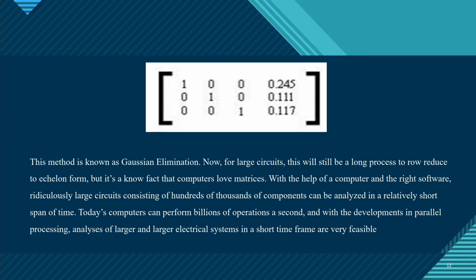Today's computers can perform billions of operations a second, and with the development of parallel processing, analysis of larger and larger electrical systems in a short time frame is feasible.